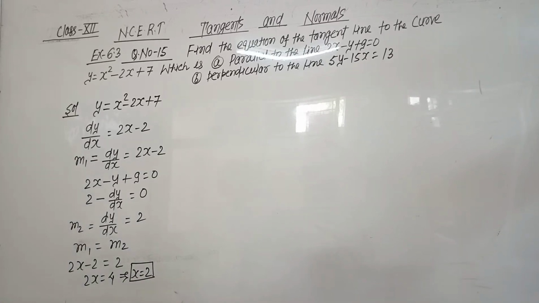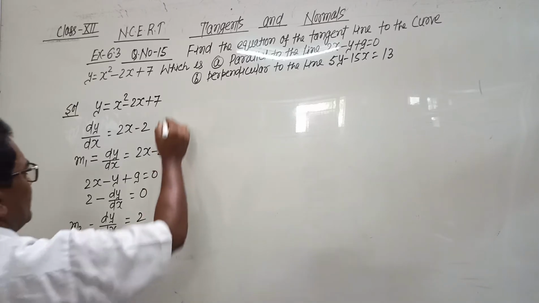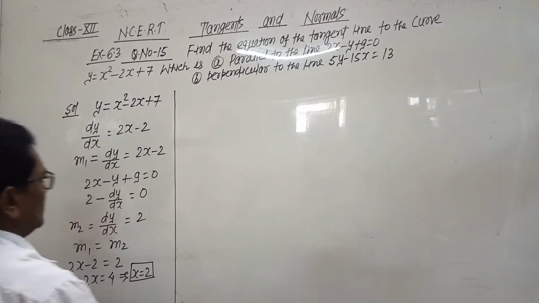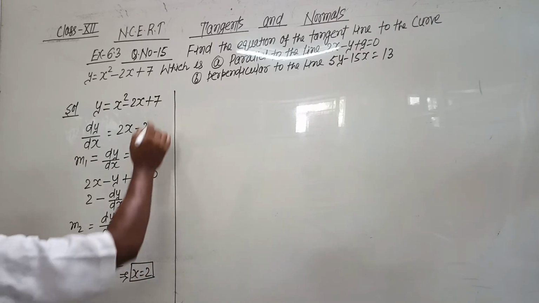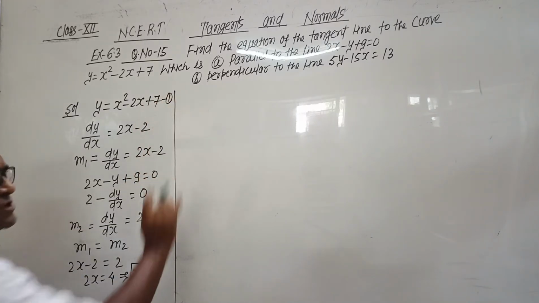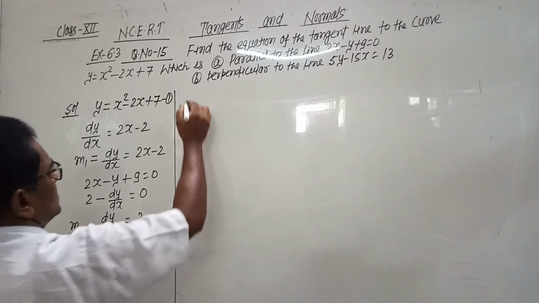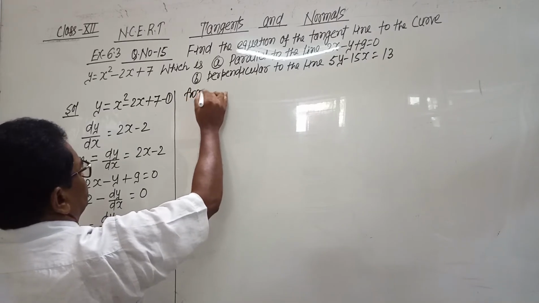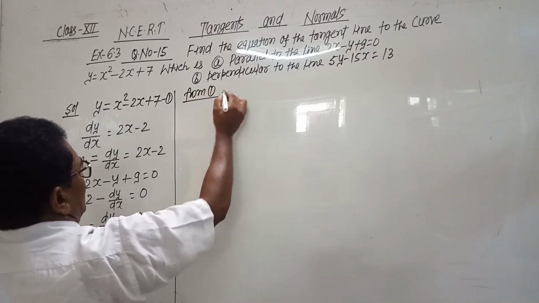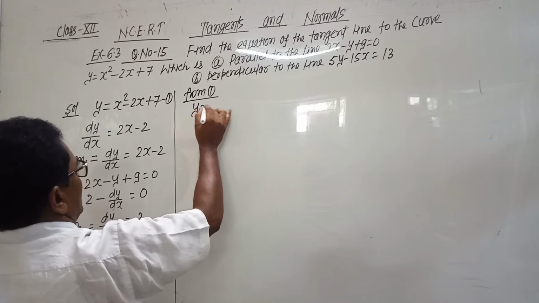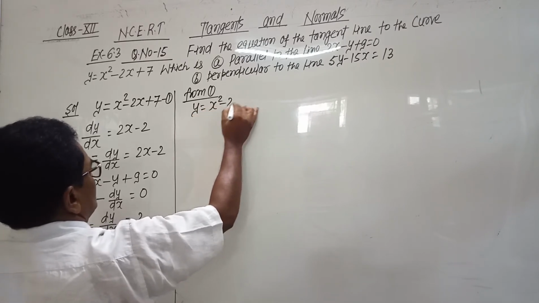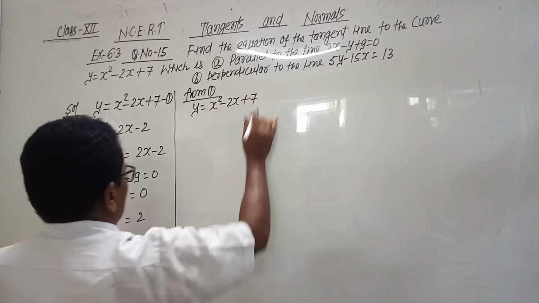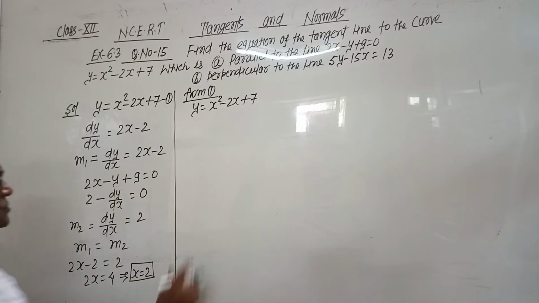Then we find the value of y, and for finding the value of y, we put the value of x in the equation of the curve. So from the first, y equals x squared minus 2x plus 7, put the value of x equals 2.